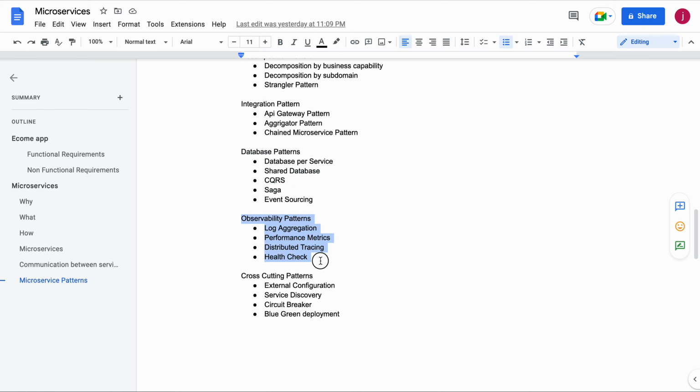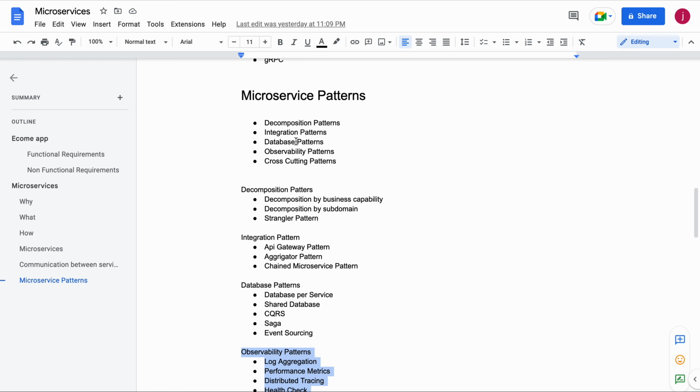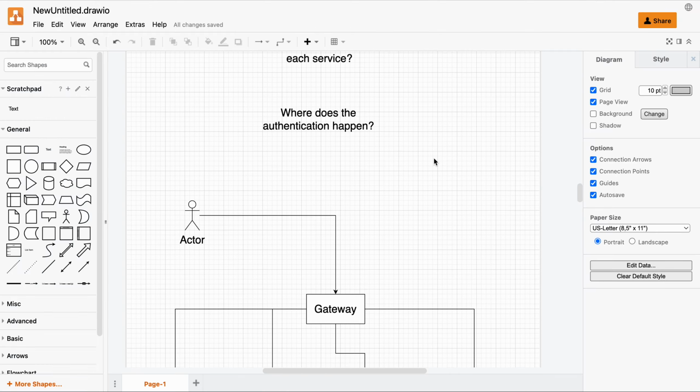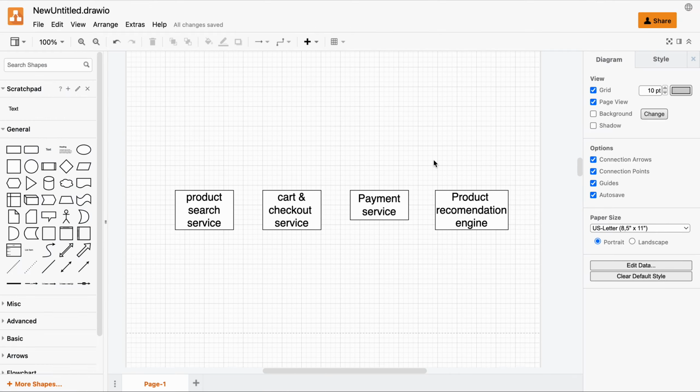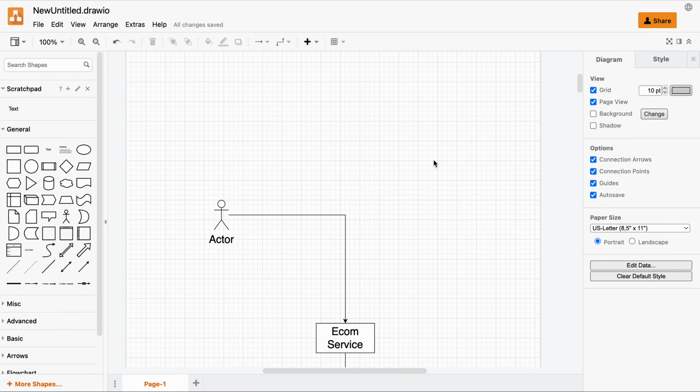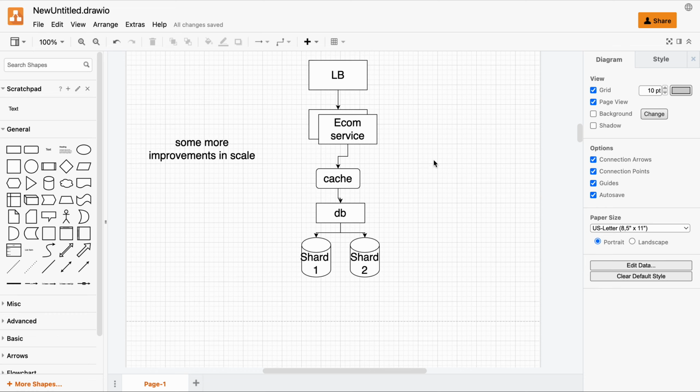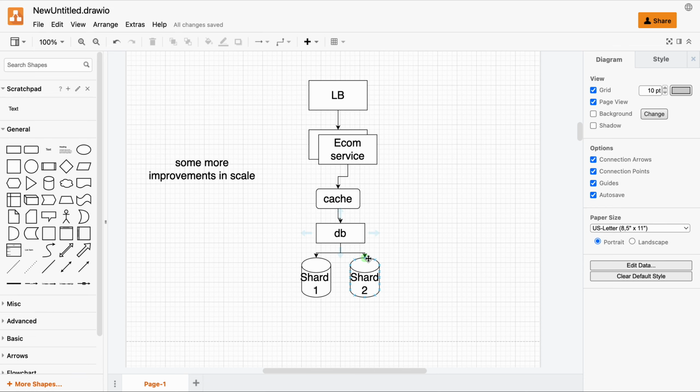Now coming to observability, there is another set of patterns. So there are database patterns. Decomposition deals with decomposing the microservices, and integration deals with the integration between multiple services. In the same way, database patterns deal with how we are going to have a database in the microservice architecture. In the previous structure we had a database engine with multiple shards talking to an e-commerce service.